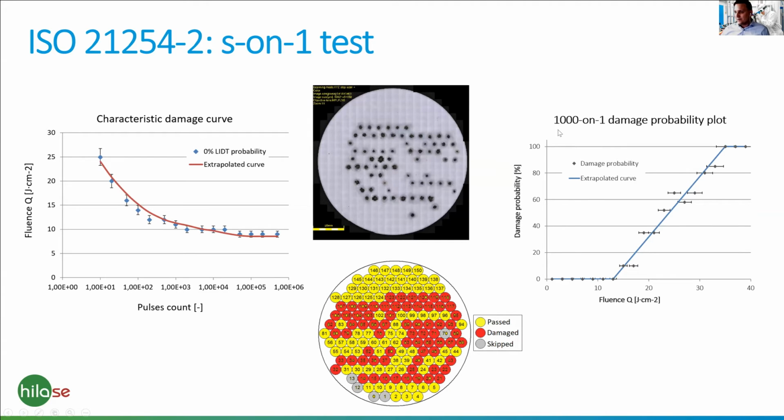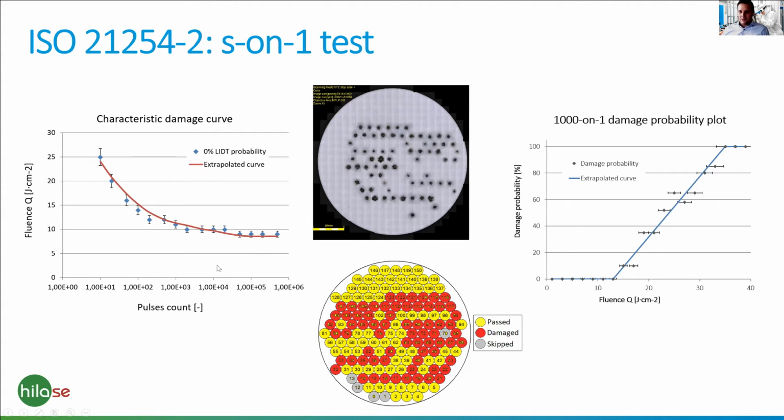So you can have, for example, a 1000-on-1 damage probability plot, which tells you the extrapolated damage threshold for 1000 pulses. This is particularly useful if you want or need to predict the survivability of a specific component, because no one is using a mirror or lens for a single shot.